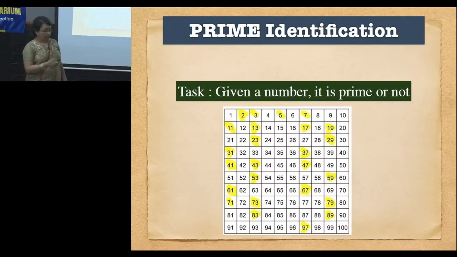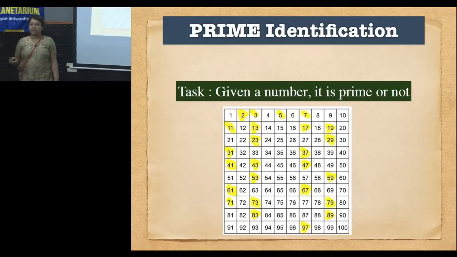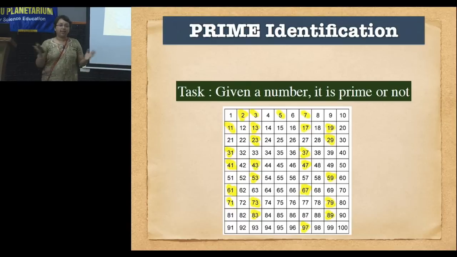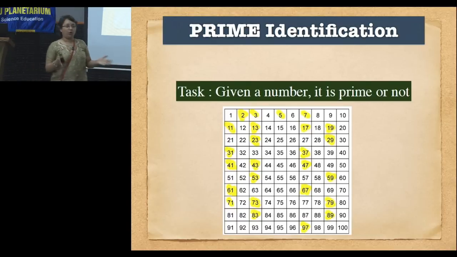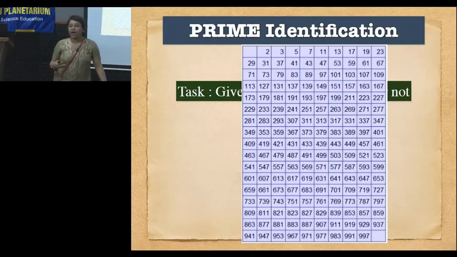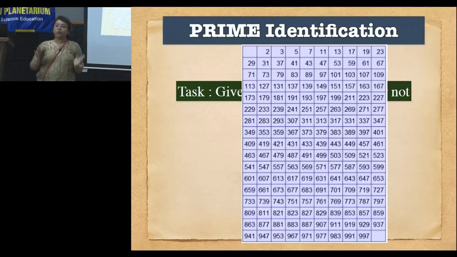If I ask you the prime numbers from 1 to 100, probably all of us in this room know them. Even my daughter, who is in class 6 now, knows what the prime numbers are. Suppose I ask you the prime numbers up to 1000. Then also you will be able to tell me, with some effort.